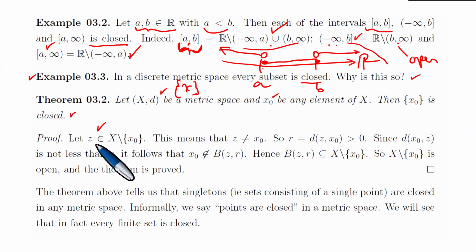So we let z be an element of the complement of the singleton. Because z is an element of the complement of the singleton, it means that z is not equal to x0. Yes, z is not equal to x0 because z is in the complement of x0. And so the distance between z and x0 is a positive distance.